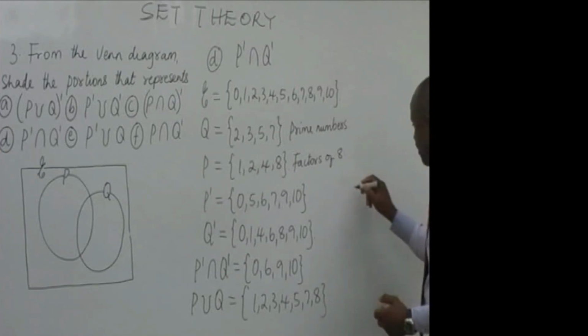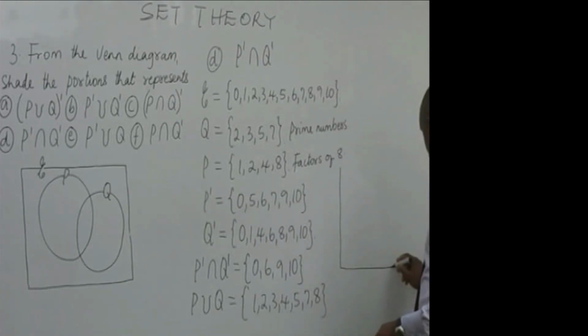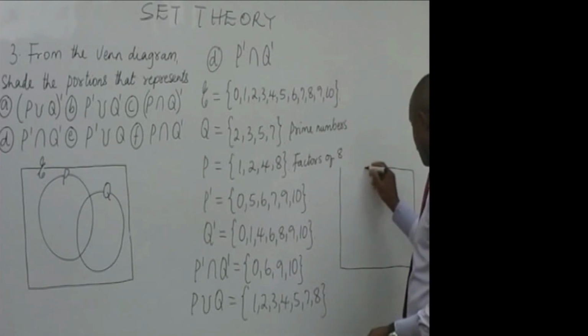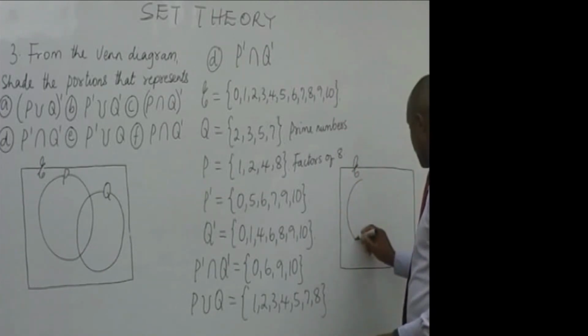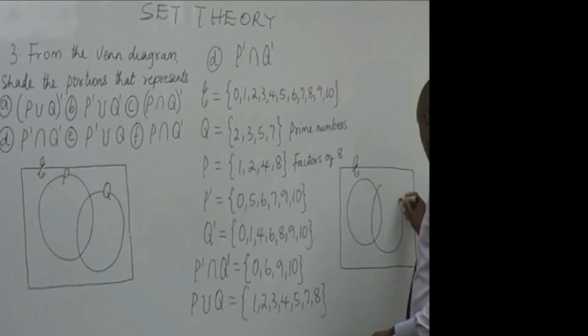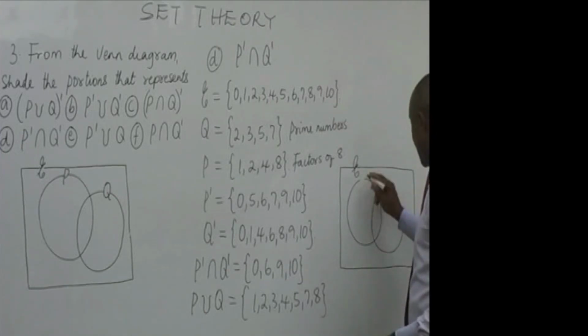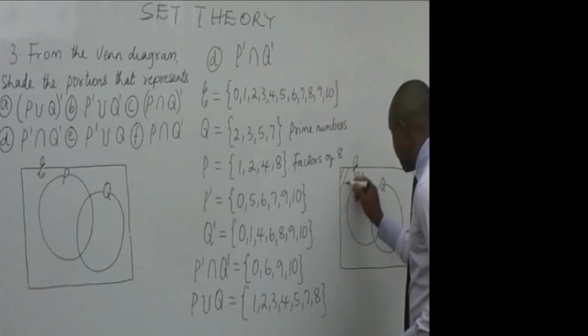So if this is our Venn diagram now, and this is our P, this is our Q. So we shade everywhere and avoid P union Q. P union Q is inside here, so we're going to shade all this area.